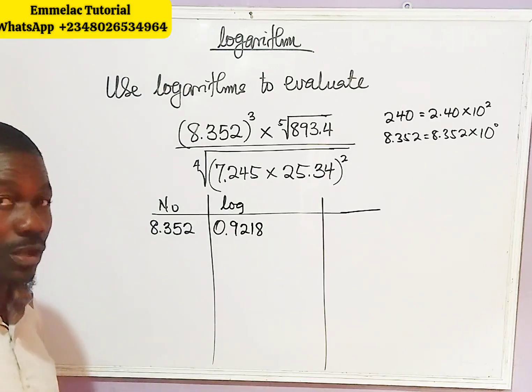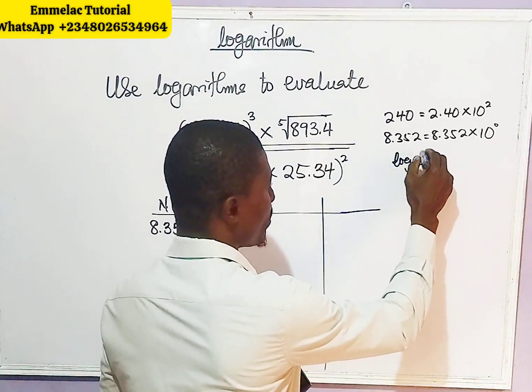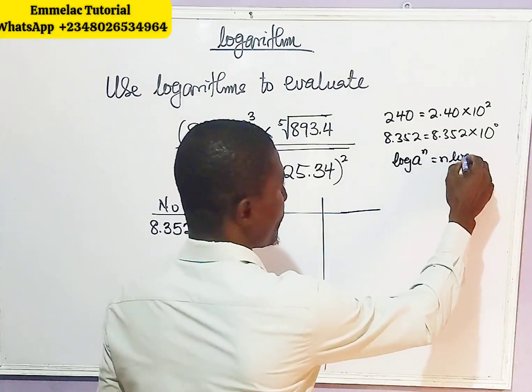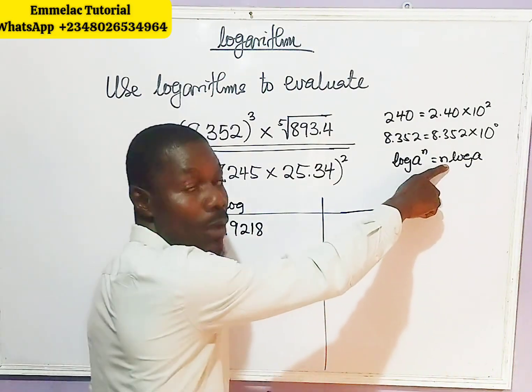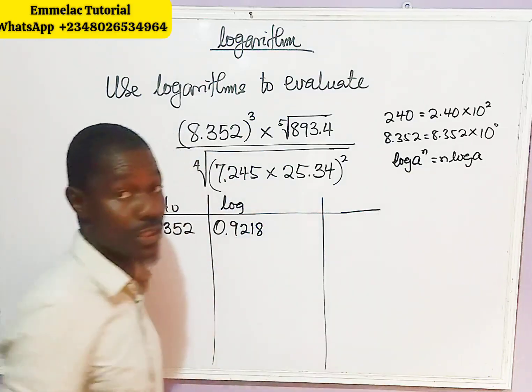3. Now take note, according to the law of logarithm, if you have log a to the power of n, this implies n log a. Which means you are multiplying this power with the logarithm of the number.